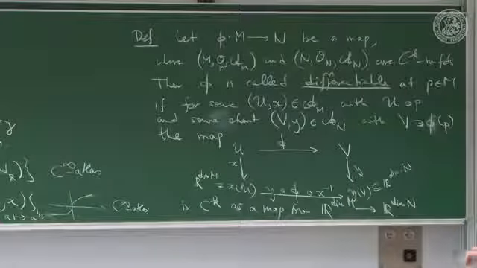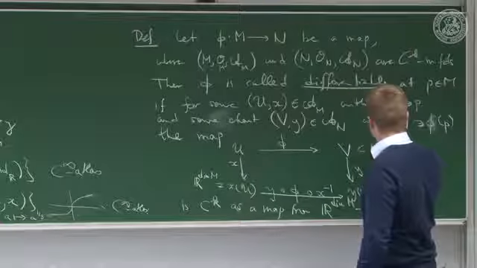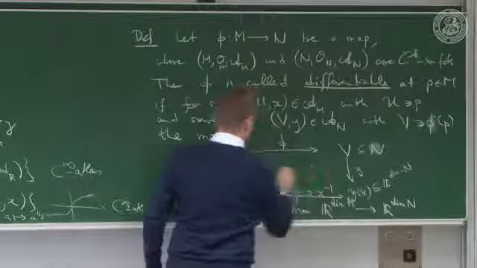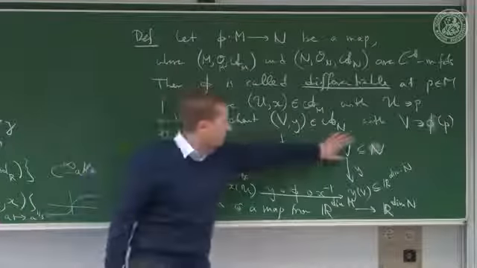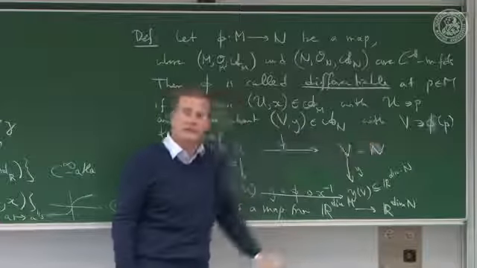And you see what happens. We actually want to talk about, so this is part of N. This is part of M. We actually want to talk about this object. We want to talk about the map from a differentiable manifold into a differentiable manifold.